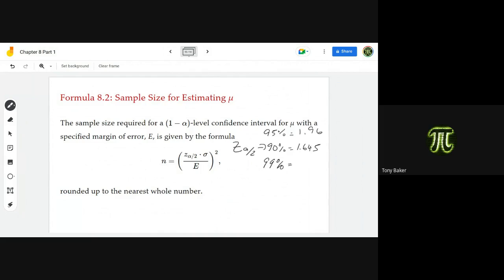So we're going to be looking for 0.005, right? Oh, wait, no, not 0.005. Yes, 0.005 because it's 1%.